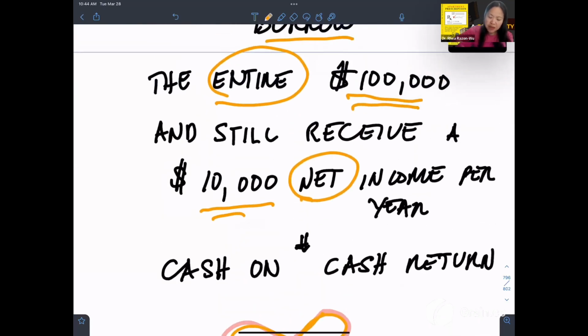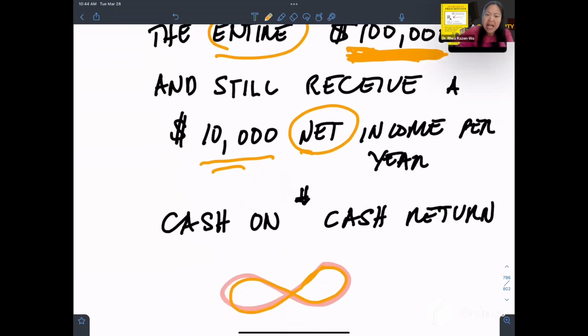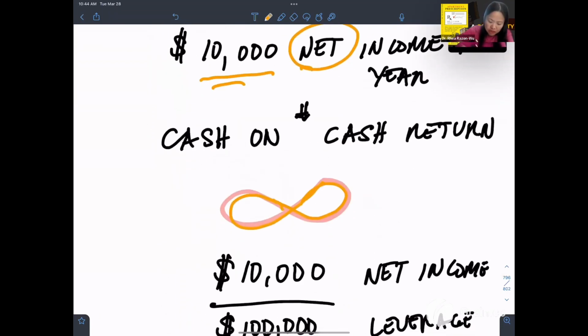Infinity, why? Because I do not have my own money. I borrowed that $100,000. So when it is none of my money, when I finance all of it, 100%, then the cash on cash return is infinite. This is the sign of infinite return.